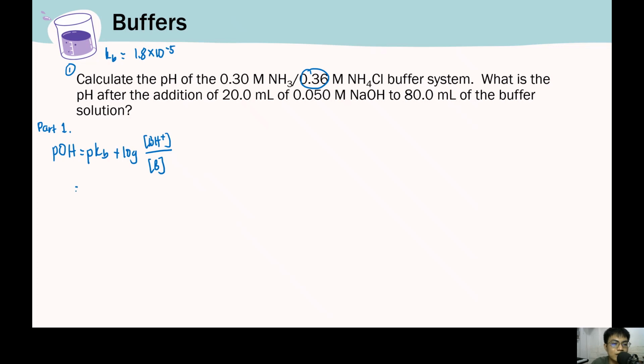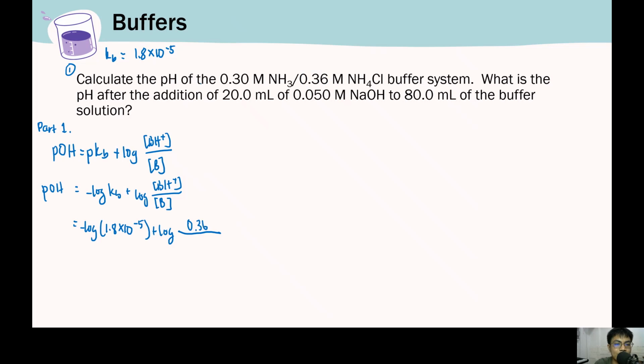So to get the pKb, so that's just simply a negative logarithm of your Kb, right? So that's negative log of 1.8 times 10 raised to negative 5 plus logarithm of the conjugate acid, which is 0.36, and your base, so 0.30.